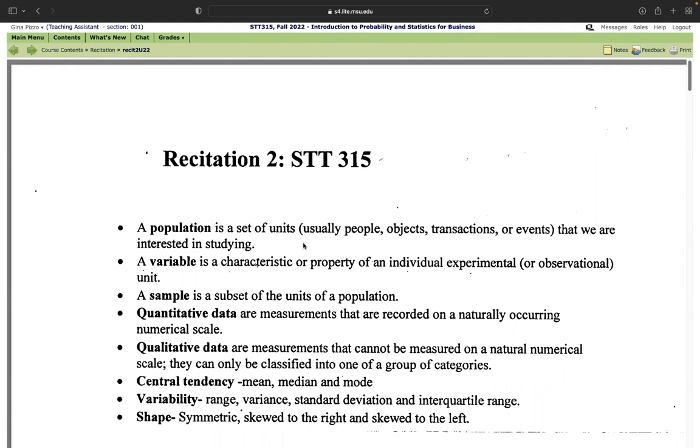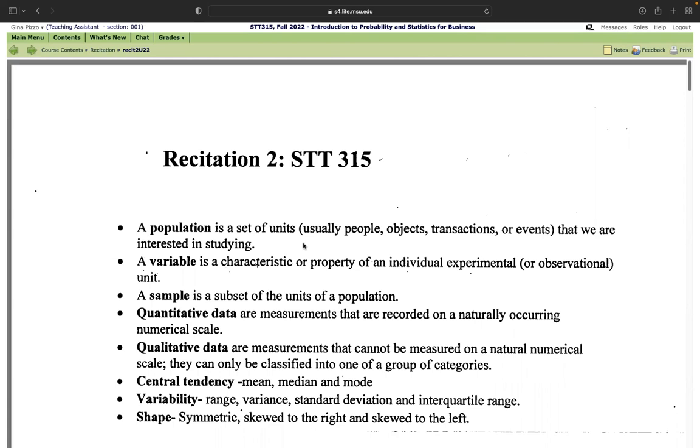A variable is a characteristic or property of an individual experimental unit, or observational unit. For example, if we're dealing with people, our different variables could be age or weight or height.